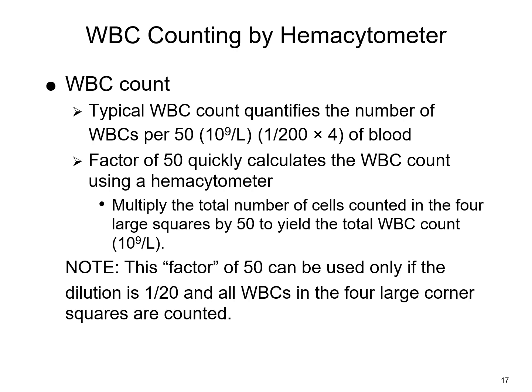So this allows you to multiply the total number of cells that you count in all four corners by 50 to give you your total white blood cell count. Now again, you have to have a dilution factor of 20 in order for this to work, as well as counting the four large corners of your hemocytometer.